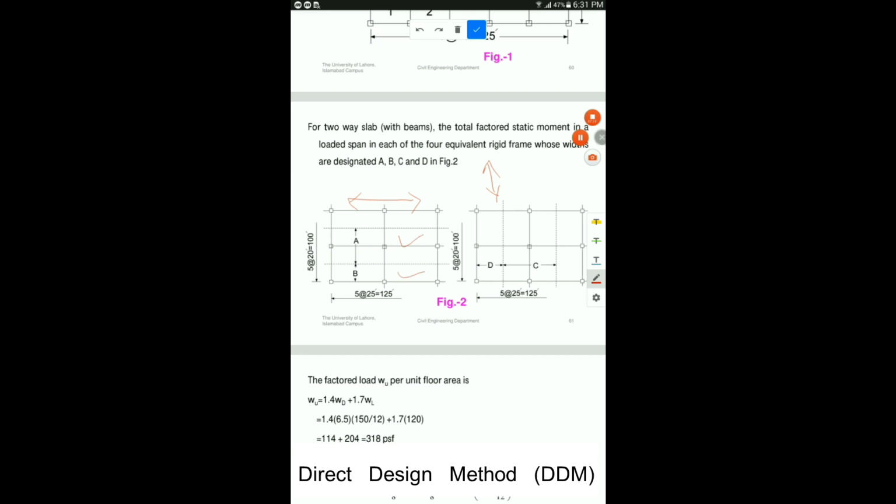Among the rigid frames running along the y-axis, the equivalent rigid frame C will be the interior rigid frame, and this D will be the exterior rigid frame.